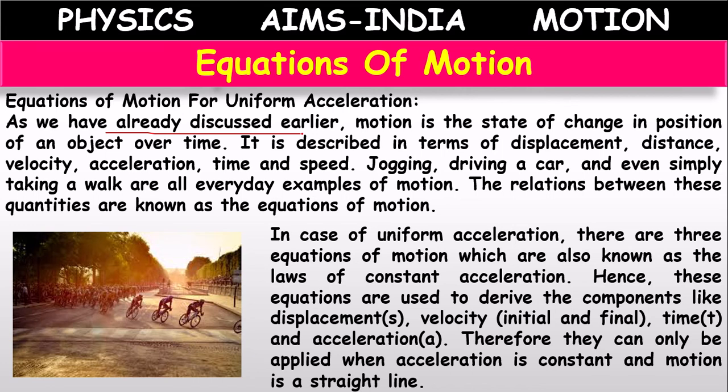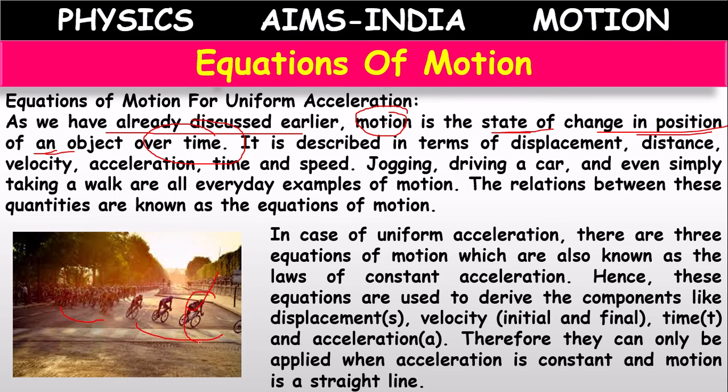As we have already discussed earlier in the topic, what is motion? It is a state of change in position of an object based upon time. In how much time, how much position changed. Suppose if you consider this cycle race, the position of the cycle is changing continuously with respect to time.